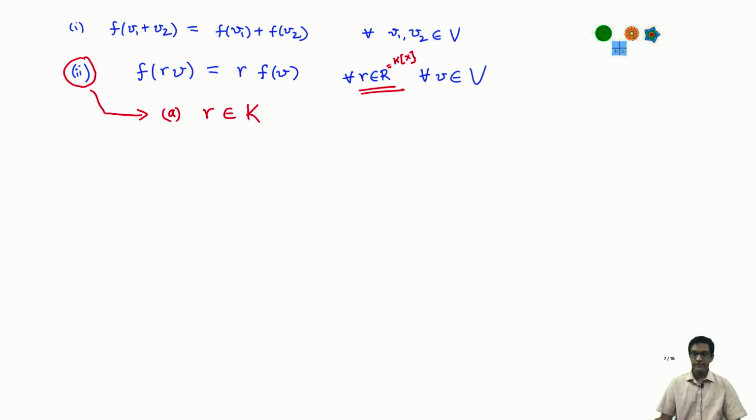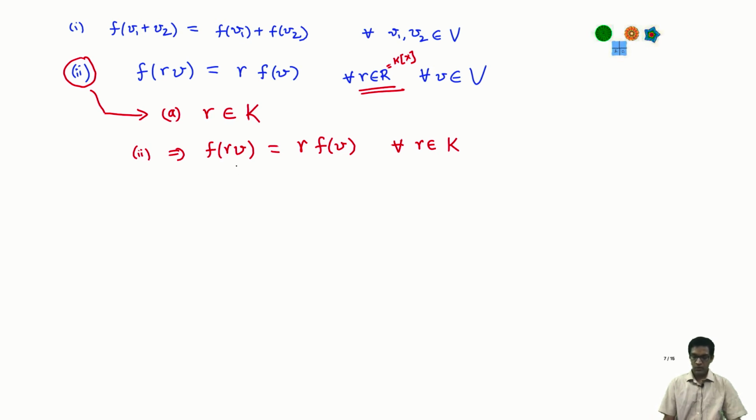But for a start, I will just take the constant polynomials. So take r to be a constant polynomial. So in this case, I conclude from property 2 that f of rv is r f(v) for all constant polynomials.